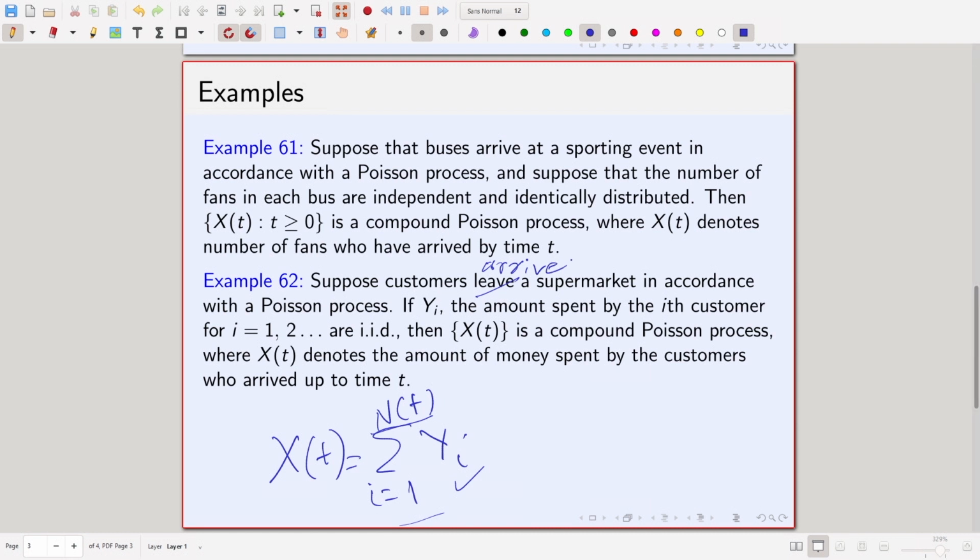Suppose customers arrive at a supermarket in accordance with a Poisson process.